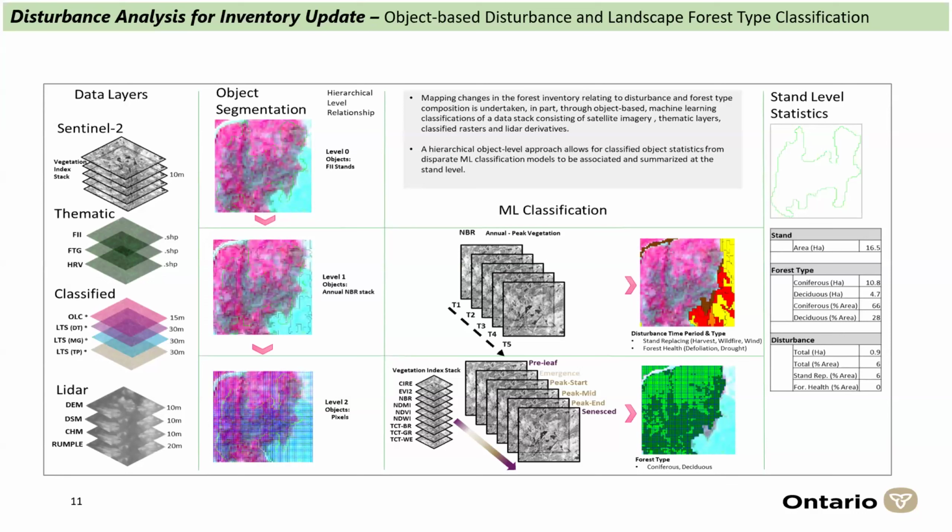Once identified, as Ian mentioned, these areas of change are prioritized for further assessment and validation after an interpretive exercise, and then the inventory can be adjusted as needed. So the process is capturing forest change since T1 in a threefold way.